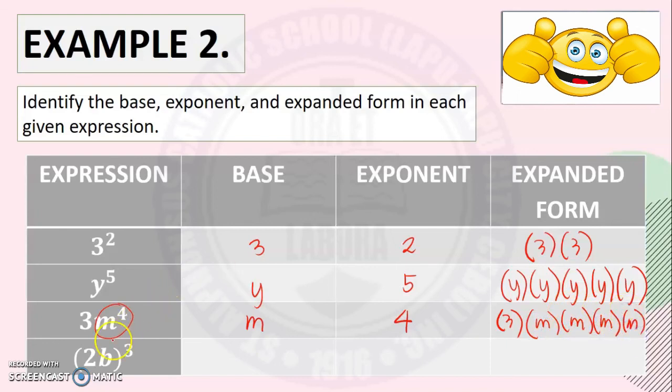And for the last, we have 2b cubed. As you can see, 2b is in the parentheses, and it was raised to the exponent of 3, so that means our base is 2b. Our exponent is 3, and this expression means 3 2b's. So this will be 2b times 2b times 2b.